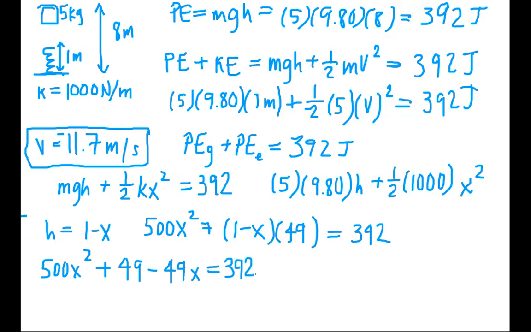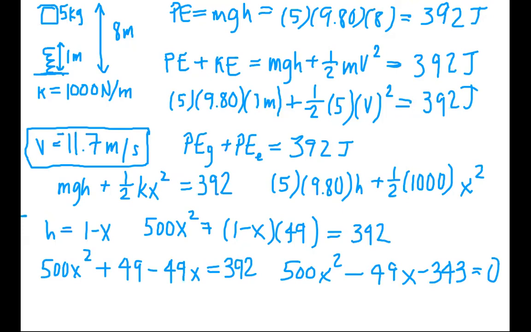And then I end up with 500x squared minus 49x minus 343 equals 0. So that's in a form that I can put into the quadratic equation to solve for x.